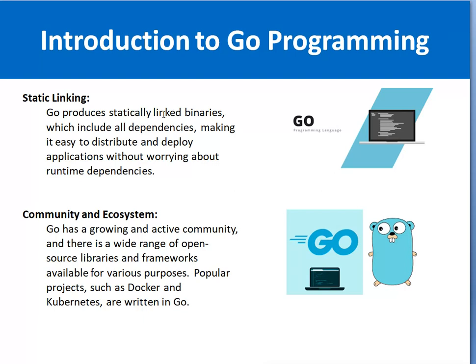The community and ecosystem of Go also has a wide range of open source libraries and frameworks for various purposes, so you can understand that the community and ecosystem is very strong for Go programming. Popular projects like Docker and Kubernetes are all written in the Go language. The ecosystem and community provide lots of support for developers, and if you are thinking of starting a career or starting programming in Go, let me tell you that it will help you a lot.